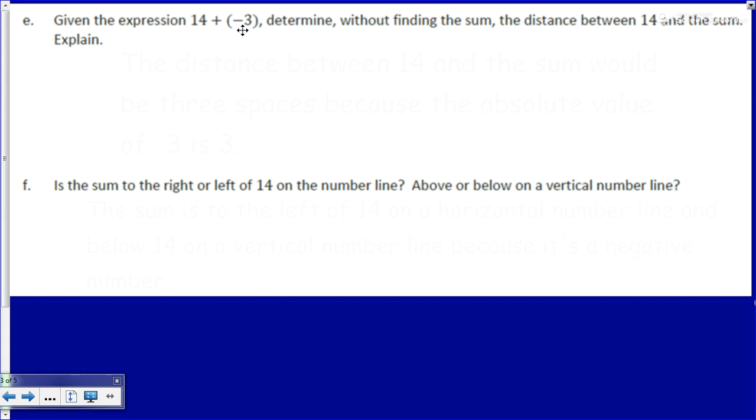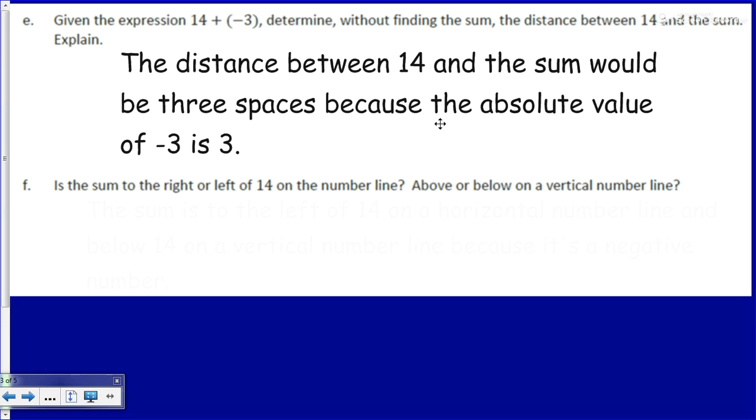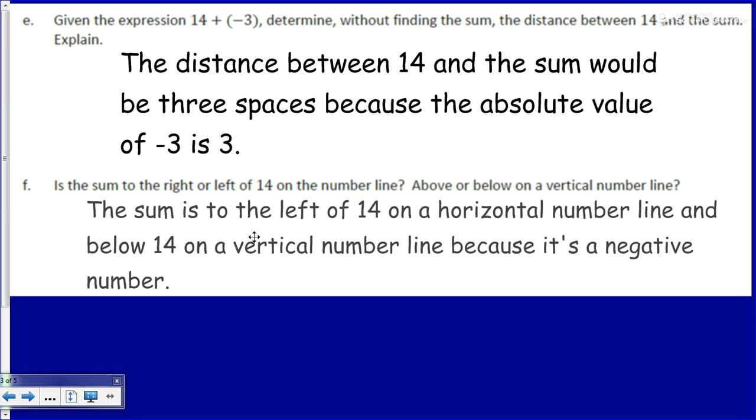Well, if we're adding a negative 3, if we're counting on, we would need to draw a vector that's 3 spaces away, because the absolute value of negative 3 is 3. And because it's a negative 3, the sum would be to the left on a horizontal number line, and it would be below on a vertical number line. Okay.